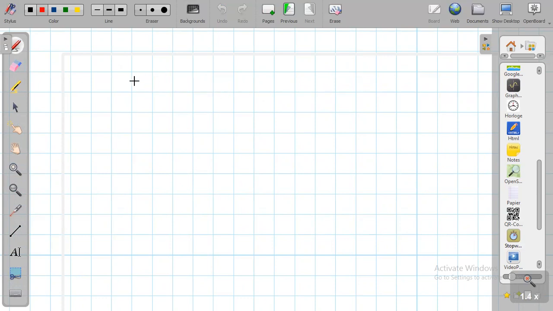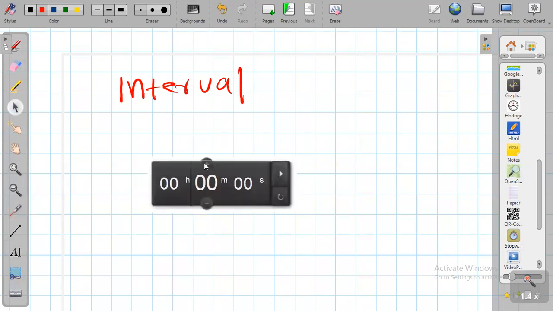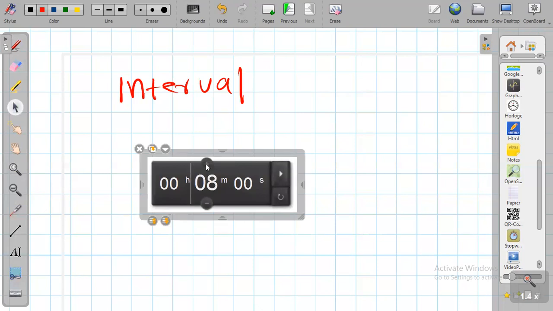Right. Let me do this one. Interval. You will get some 15 minutes for the interval.